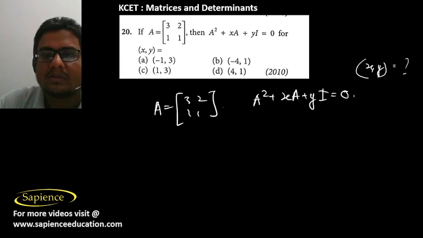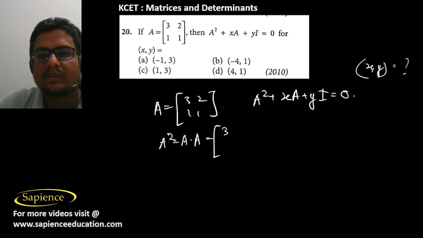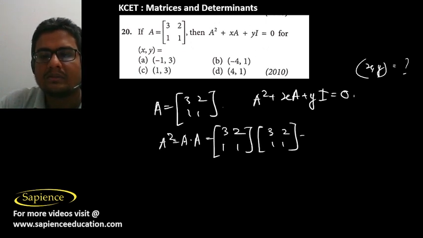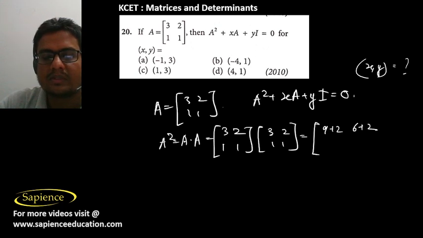So now A square means A into A, that is the product of A with itself, 3, 2, 1, 1 into 3, 2, 1, 1. First row into first column, so it is 3 3s are 9 plus 2, then first row into second column, so 3 2s are 6 plus 2, and second row into first column, that is 3 plus 1, and second row into second column, that is 2 plus 1.